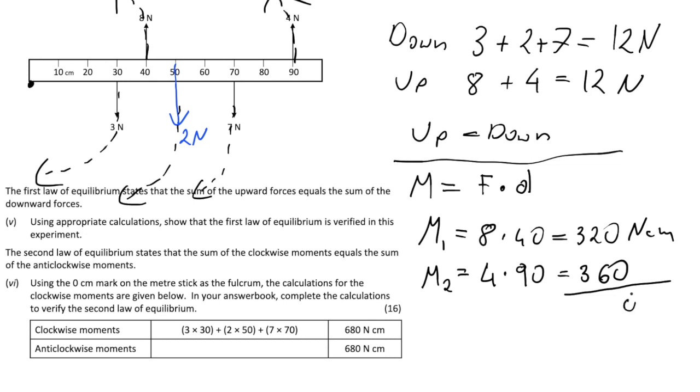We have 320 plus 360, 680 Newton centimeters. Let's check that this matches. Yes, it does. So I just filled the rubric in our table to get the full marks. 680 Newton centimeters, the final answer.